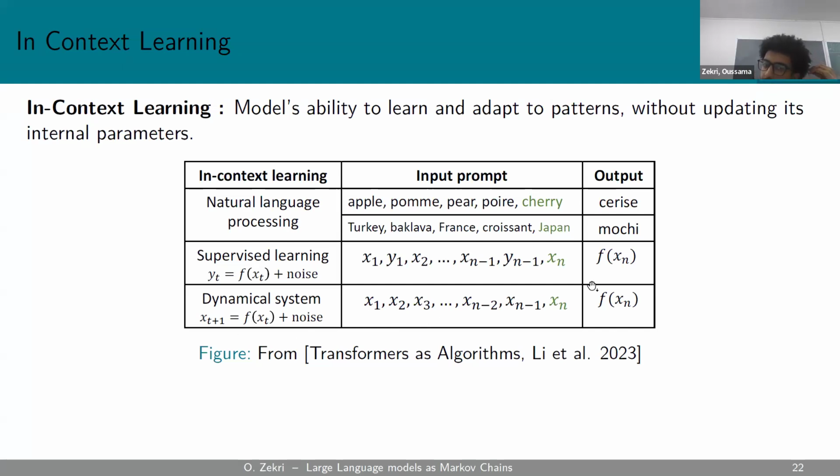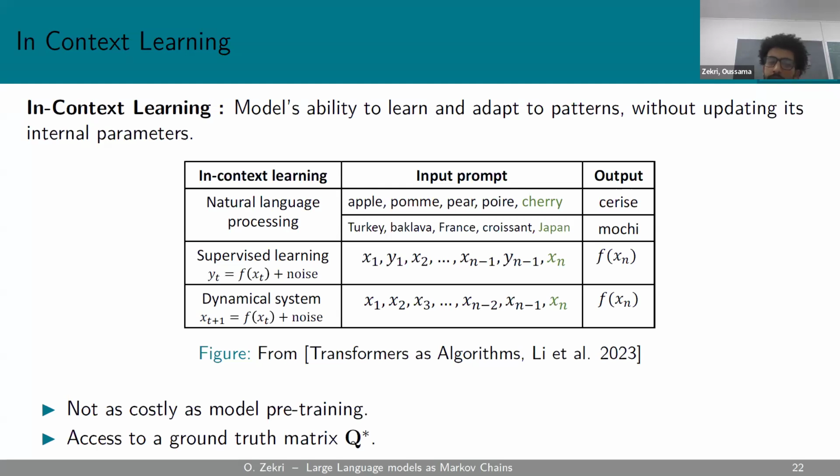So we will take a look at this kind of in-context learning on dynamical systems, because we will check if our bounds are tight, and this will not be as costly as pre-training, because you can do this just by doing inference.